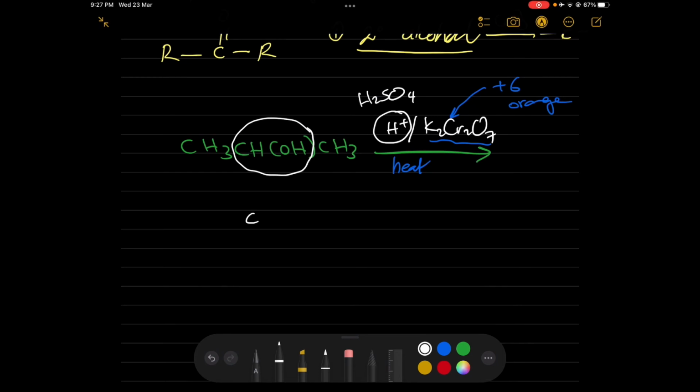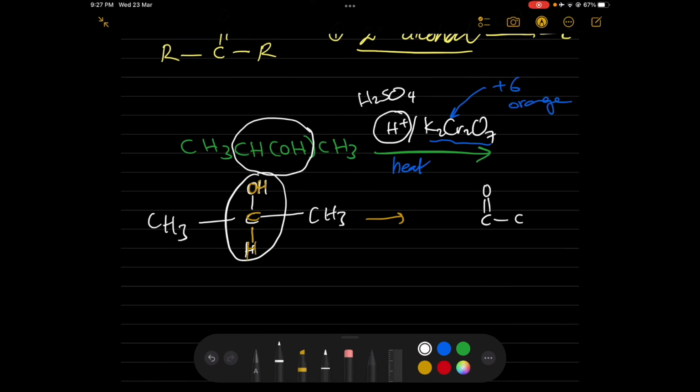The CH that contains the OH group will change to a carbonyl group. Writing it as a displayed formula, the carbon that has the OH group changes to C double bond O, and here we have CH3 and CH3.